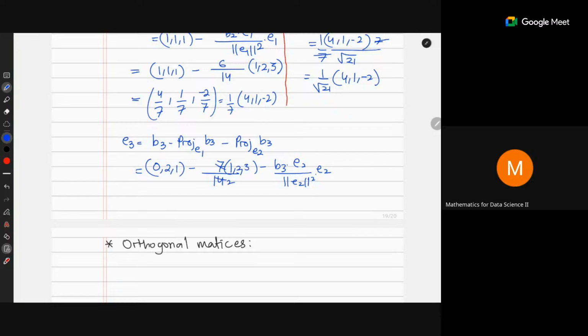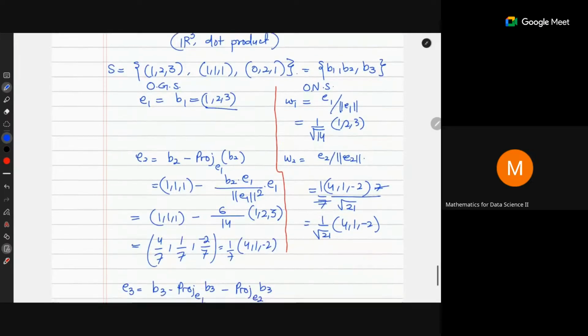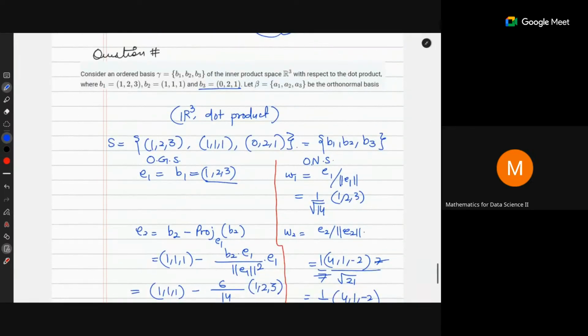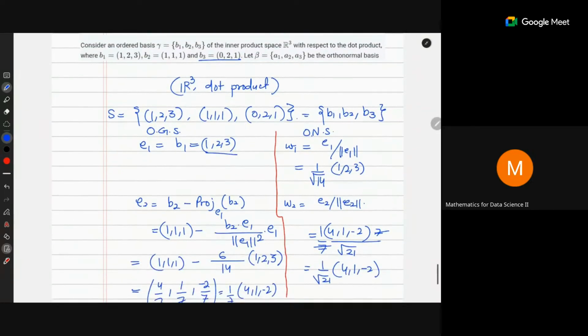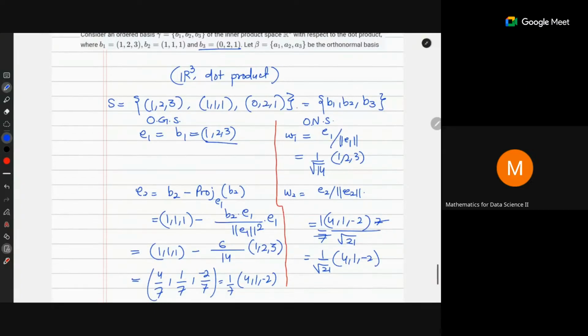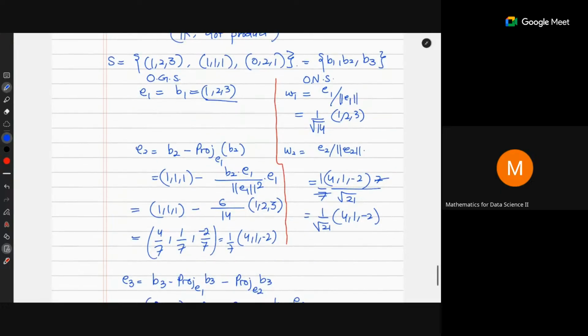So 7 by 14 is half, so it will be half of 1, 2, 3. Now what is B3 dot E2? B3 is this, E2 is this. So it is 2 by 7 minus 2 by 7. It is 0. Correct?